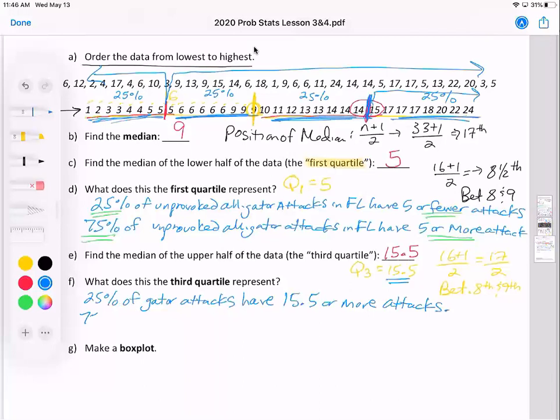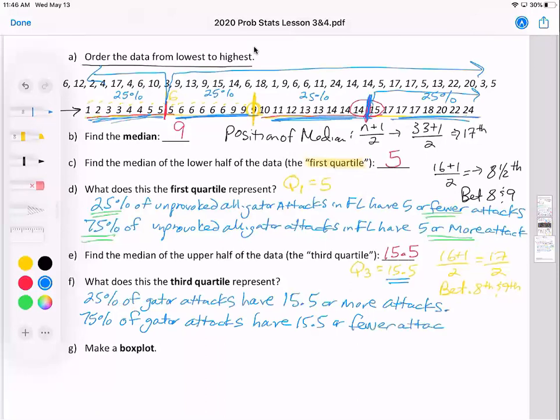Now, if you have 75% of gator attacks have 15.5 or less. Well, I guess the better English grammar-wise is 15.5 or fewer.